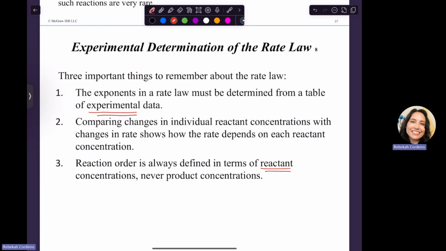Each reactant can have a different effect on the rate. So right now we can only find the rate law experimentally. You cannot just use coefficients from a chemical reaction. You have to be given numbers somehow. Each reactant can change the rate differently, and we always look at reactants for reaction order and for rate law, not products.